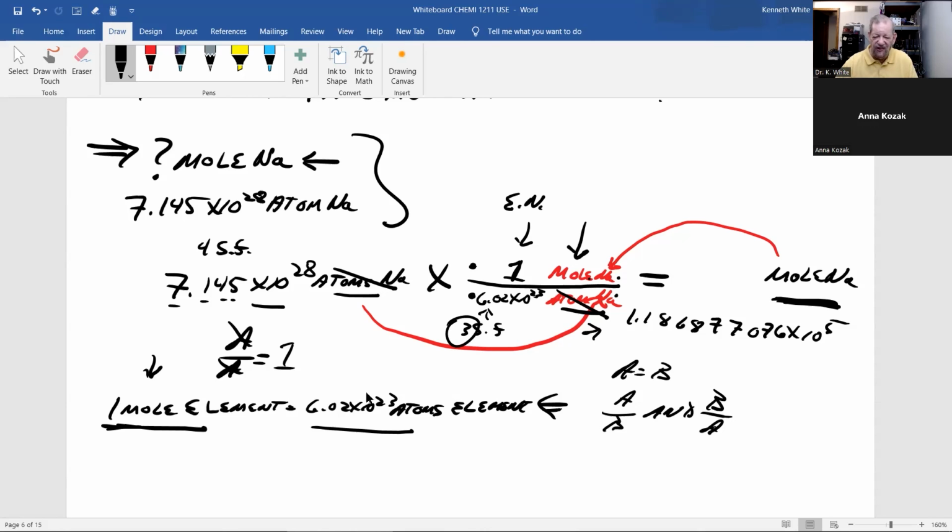Now I'm going to give you a chance, then I'll do it. Round that off to 3 significant figures. Round off 1.186877076 times 10 to the 5th to 3 significant figures. Your turn.